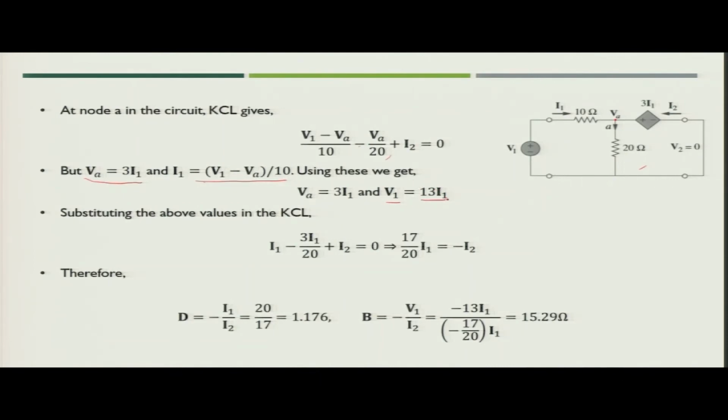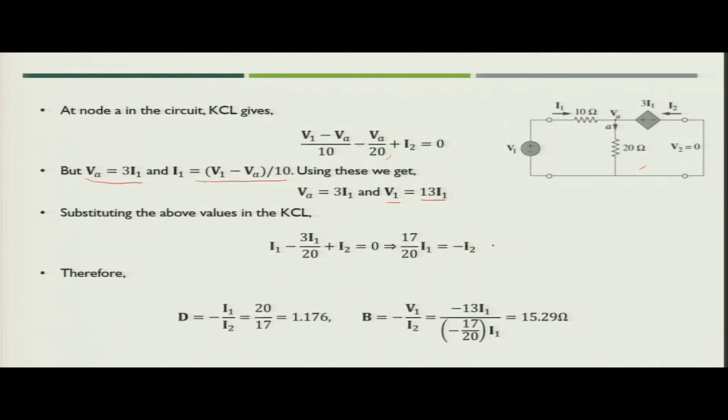Now, what you have to do is put the values of V1 and VA in this equation. So, what can you write? V1 minus VA by 10 is anyway equal to I1, so we have just put I1. VA is now 3 I1, so 3 I1 by 20 will be the current flowing through the 20 ohm resistance, plus I2 equal to 0. What you get is I1 equal to minus 20 by 17 I2.